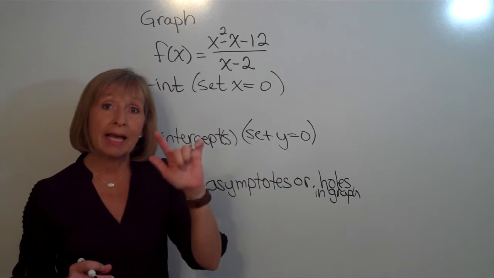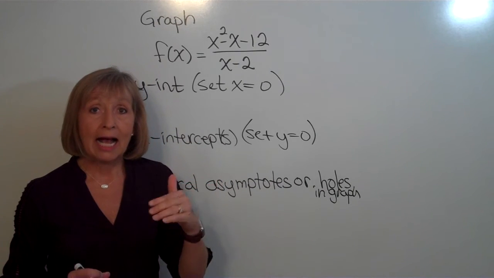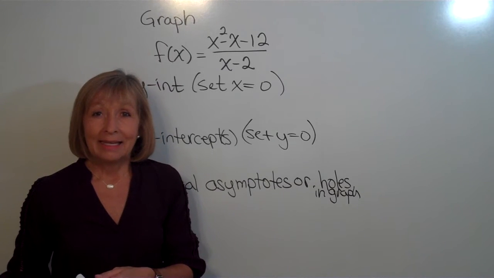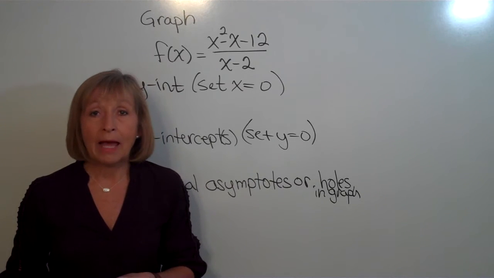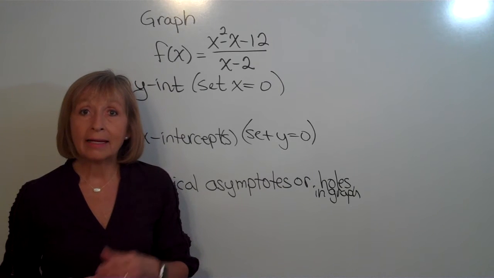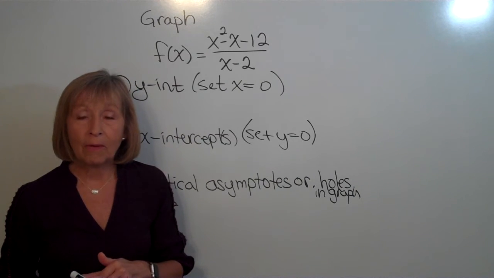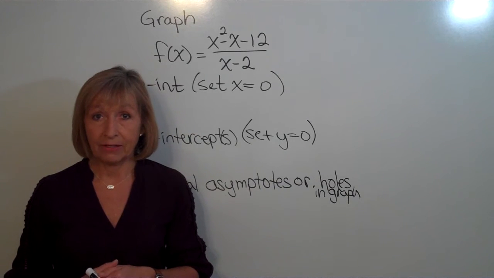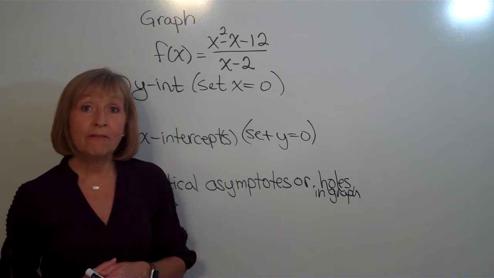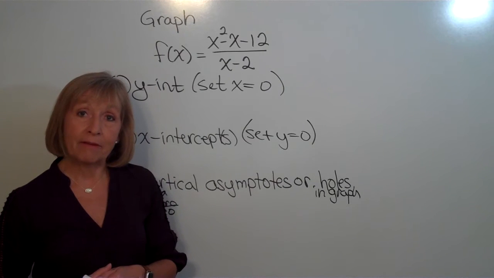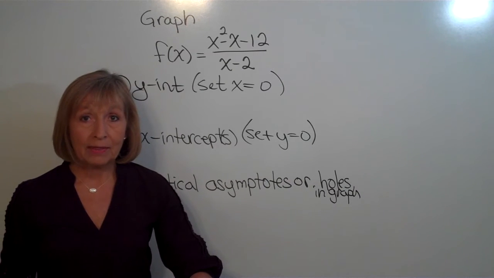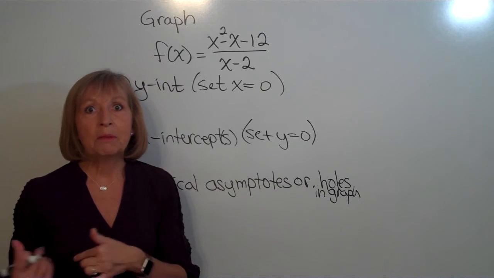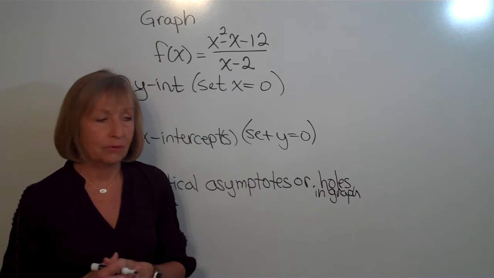And when I remove that common factor pair, I look and see what happens at that value of x again. If after removing that common factor pair, I get a non-zero over a non-zero, then I'm going to have just a hole in the graph at that x value. If after I remove that common factor pair, I get 0 in the denominator with a non-zero number in the numerator, then I would be back to having the vertical asymptotes.